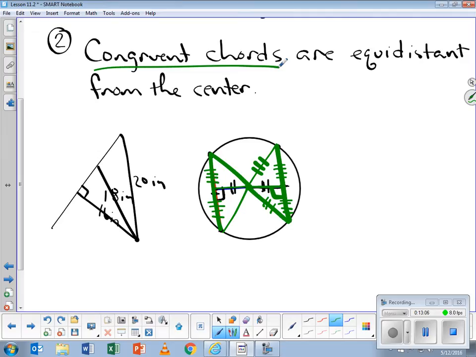But what's happening here, I'm highlighting a different color now. What's happening here is we're creating what kind of triangles? Again, I don't think we know these angles. But we do know it's a right angle, so that makes it a right triangle. Now, if these chords, if we don't know if they're equal, then we don't know all these parts here, here, here, and here are equal. We still have right triangles.